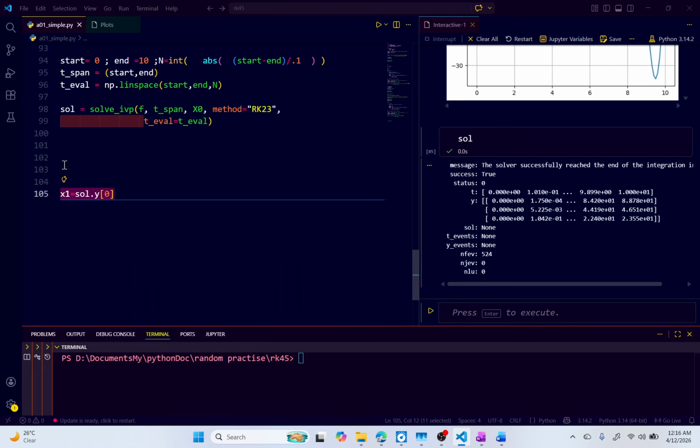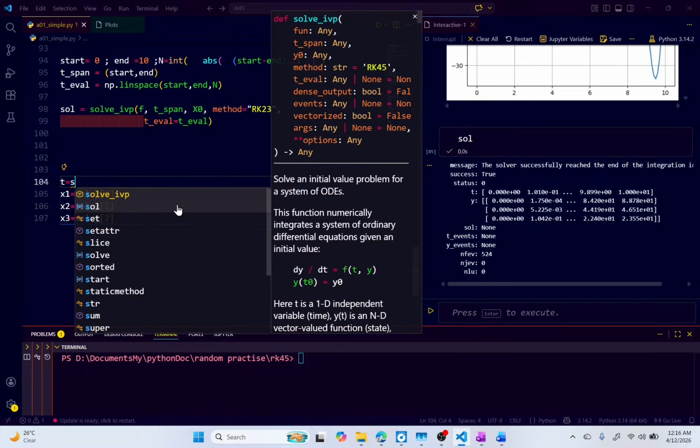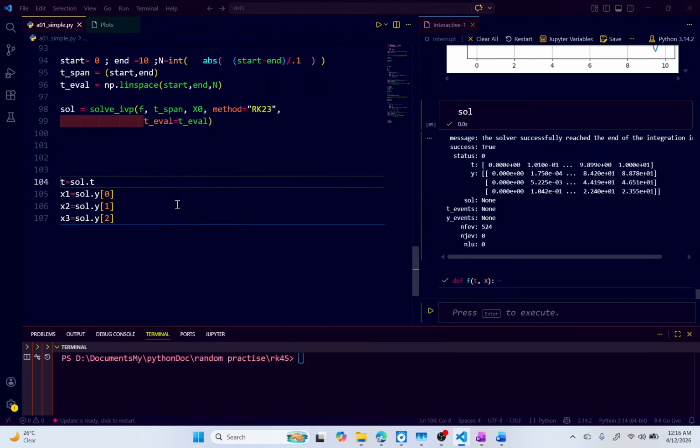And now let me copy this. This is x2. Here you have to put here 1. This is x3, and you have to put here 2. Then also you have time, which is sol dot t. So you will get t, x1, x2 and x3, and then you want to plot, right?